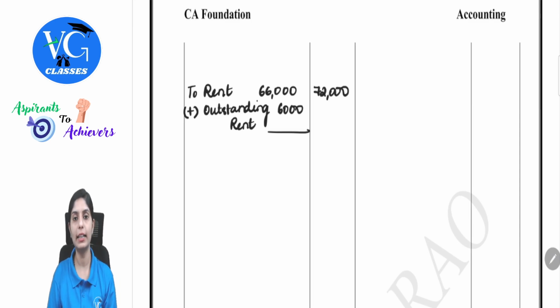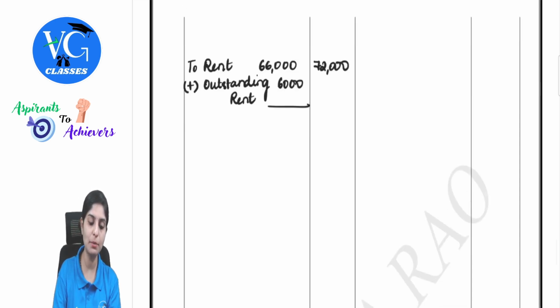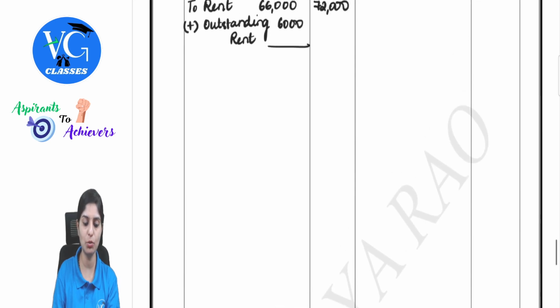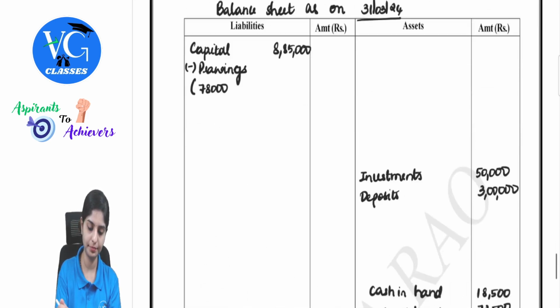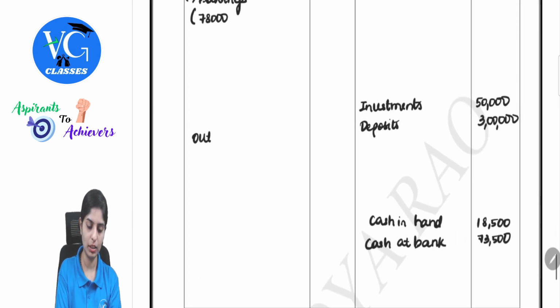This was taken from adjustments. Adjustments will have two appearances. One we have shown in profit and loss. One more will appear in the balance sheet liability side because it is an expense outstanding. Outstanding rent, 6,000.